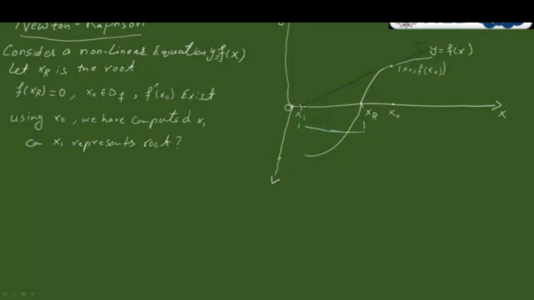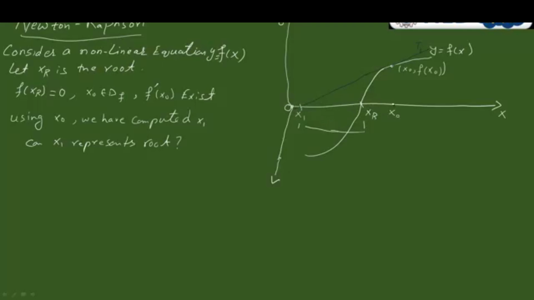Although this is not the root, it is the intercept of the tangent, and what Newton Raphson does is try to approximate the root by the intercept of the tangent, but as we can clearly see, it is quite far. But is it possible that the root could be reflected by the intercept of the tangent? Then the answer is yes, it is possible.